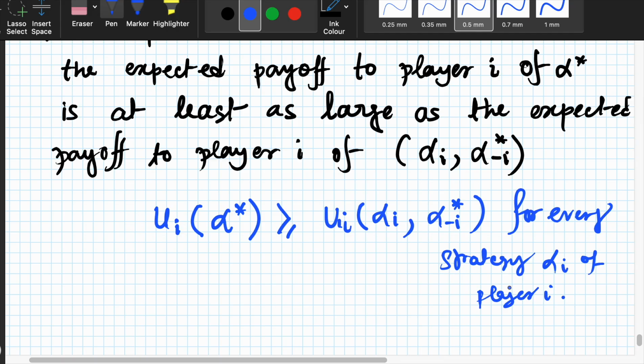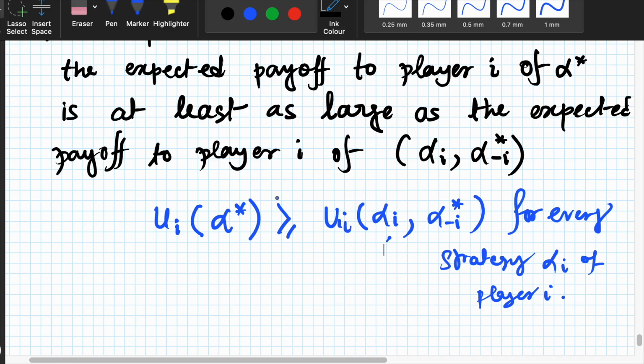Since any other strategy cannot give a larger payoff than what the player gets by playing the Nash equilibrium strategy, there will be no incentive to change unilaterally. As we discussed in the matching pennies game, playing head and tail with probability half each for both players is a Nash equilibrium.